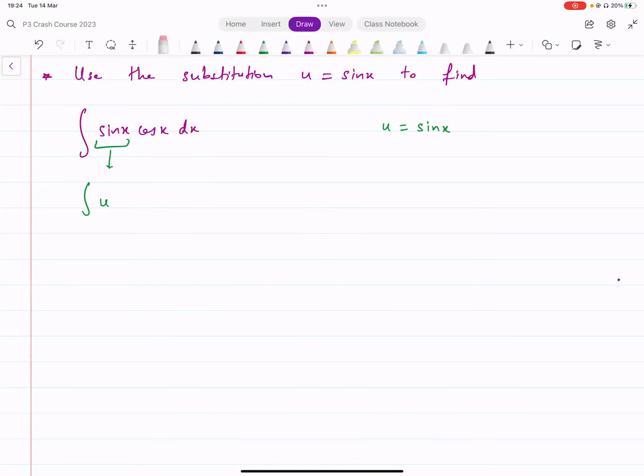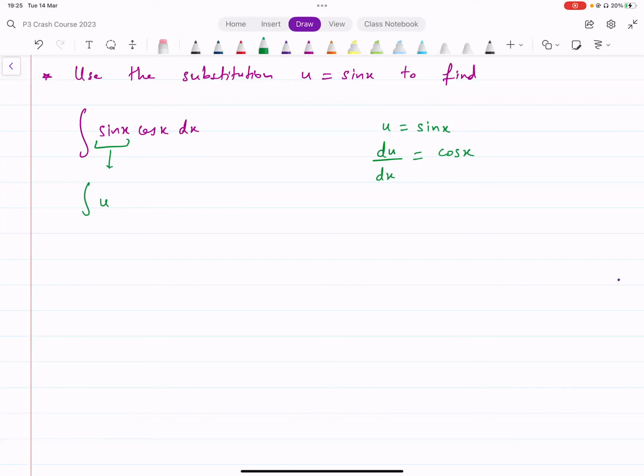For that, whatever substitution you have been given, you're going to differentiate it. That is going to give you, in this case, du over dx equal to the derivative of sine x with respect to x. The derivative of sine x is cos x. So this is du over dx.